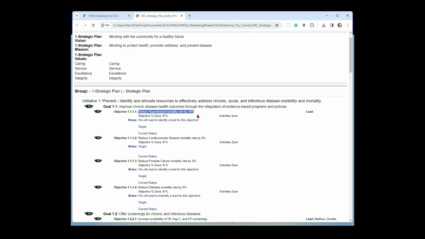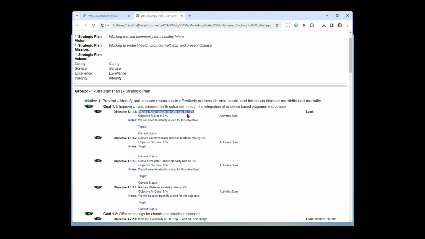Yeah, in order to measure it, you're going to need to know where you are today, right? And it's probably, by the way, a good thing to put in either a note in the objective or in the objective itself. Reduce hypertension mortality from 20% to 10% or something like that. Gotcha. At least gives people an idea.